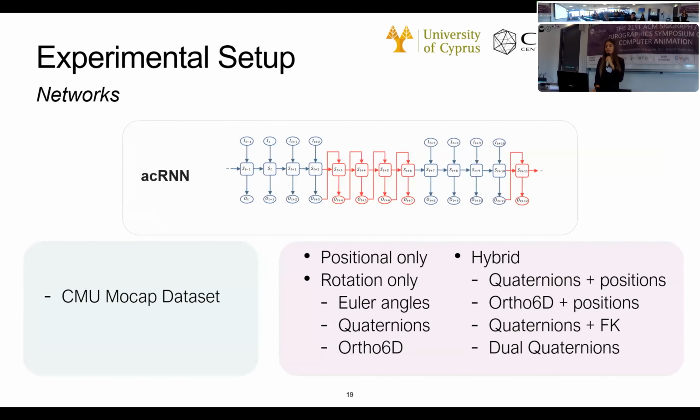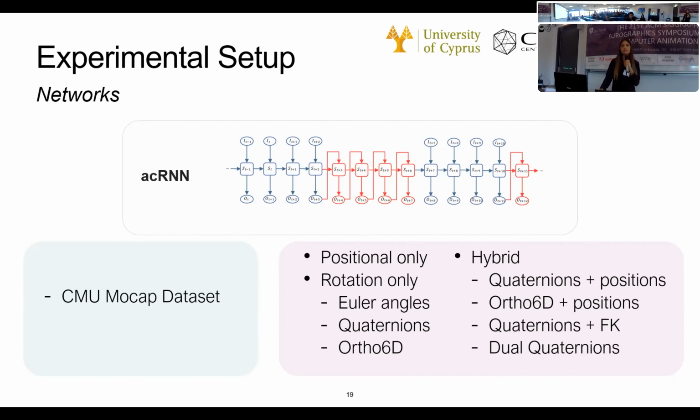For our experiments with ACRNN, which serve the task of long-term synthesis, we use subsets 61 and 86 from the CMU mocap dataset. We compare our representation with positional-only features, rotational features, such as Euler angles, quaternions, and ortho6D representation, and hybrid representations containing both rotational and positional supervision, either in the form of input features or losses.